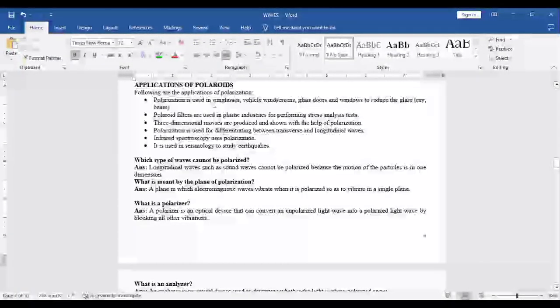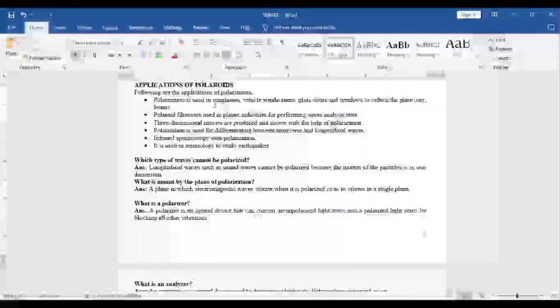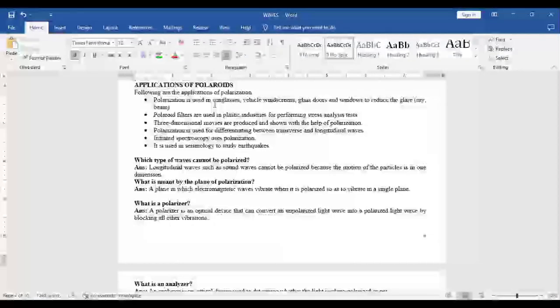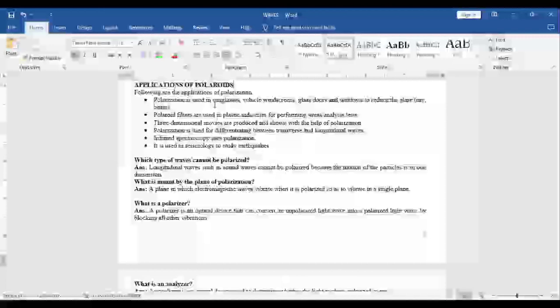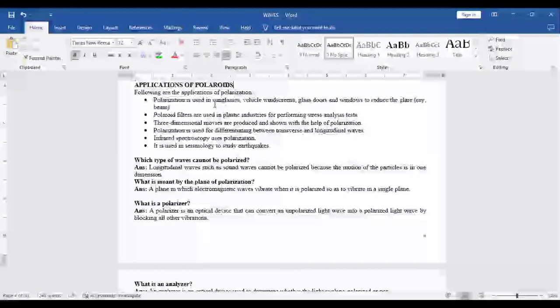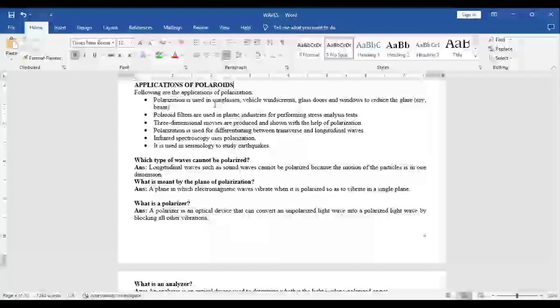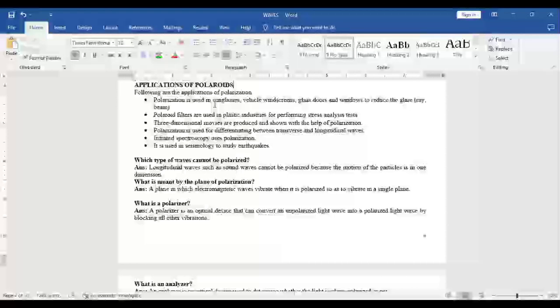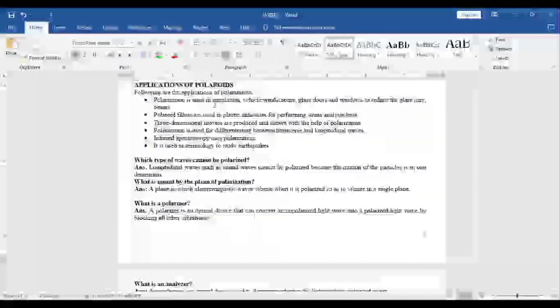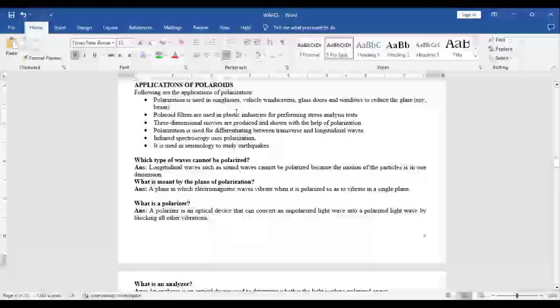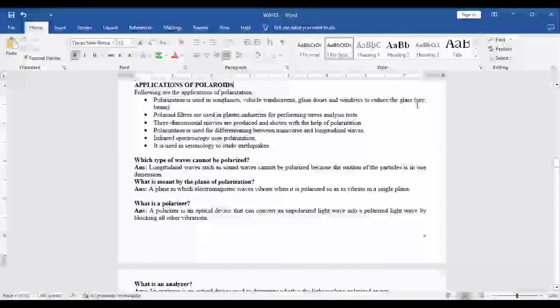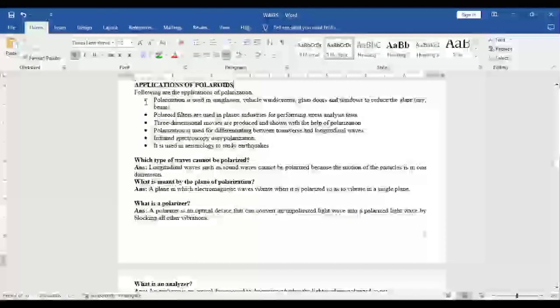Polarization is used in sunglasses, vehicle windscreen, glass doors, windows to reduce rays of light or beam of light, to reduce glare. That glare means ray or beam of light.